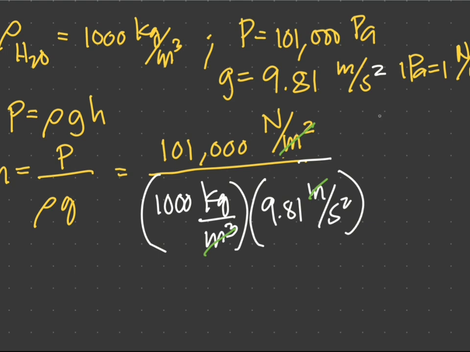You should know that 1 Newton is equal to 1 kilogram meter per second squared. So you can cancel out.